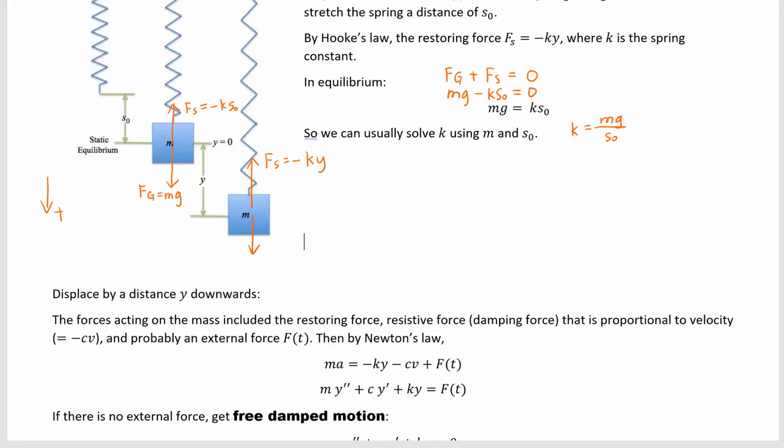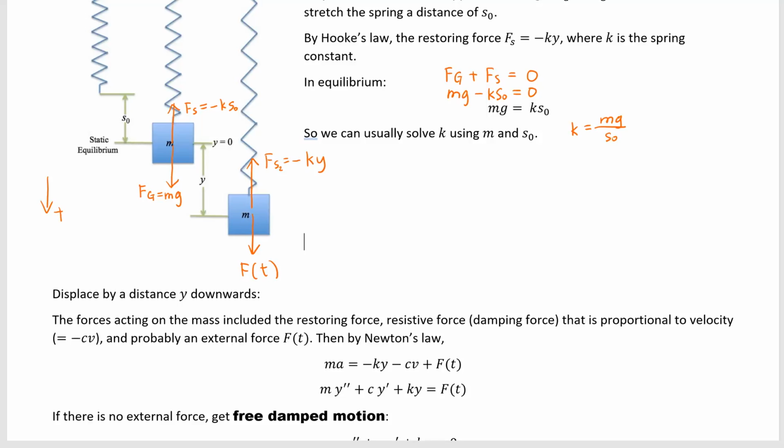By the way, let's use a different notation for this force Fs, maybe s2, because the gravitational force mg has already canceled with the spring force k times s0. Okay, so right now we have the external force.